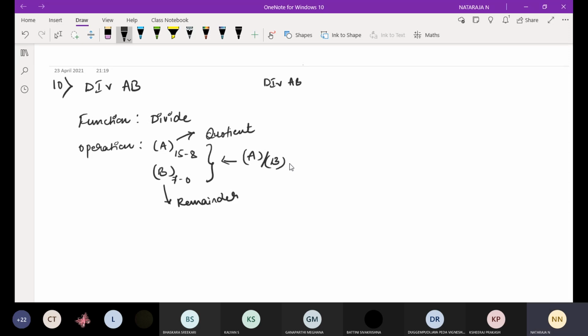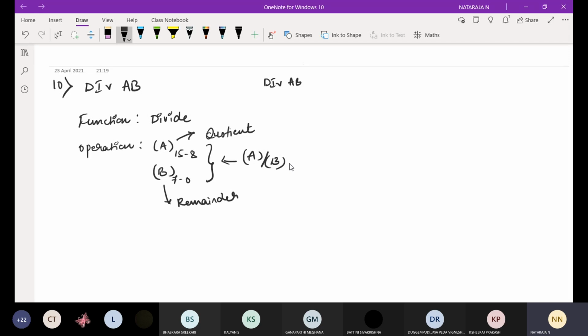The accumulator receives the integer part of the quotient. Register B receives the integer part of the remainder.